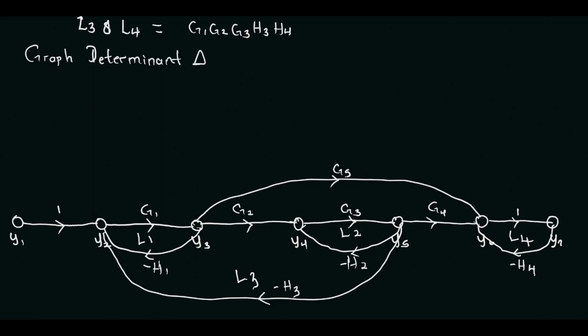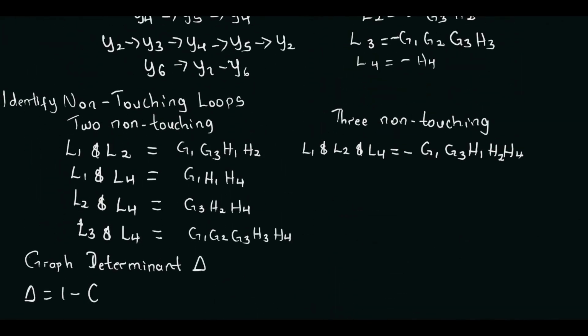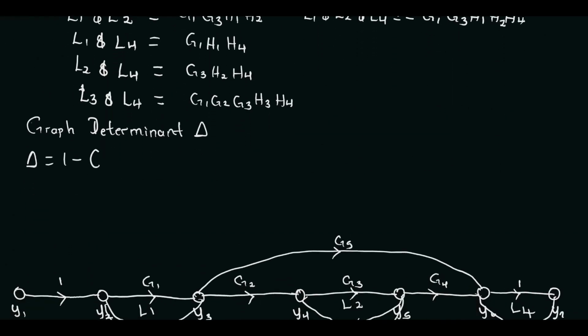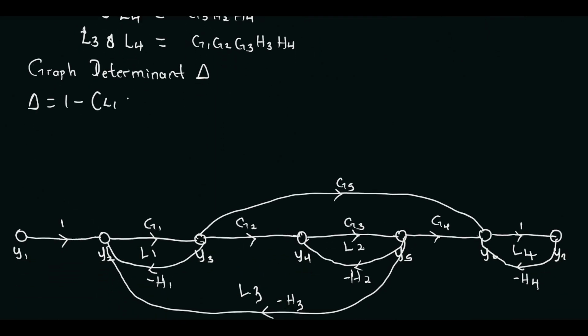The total delta will be equal to 1 minus the brackets, then the addition of all your loop gains: L1 plus L2 plus L3 plus L4.